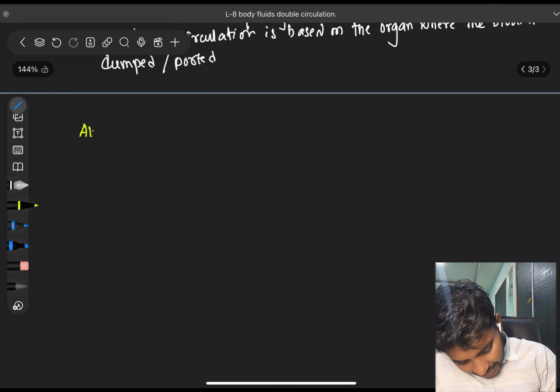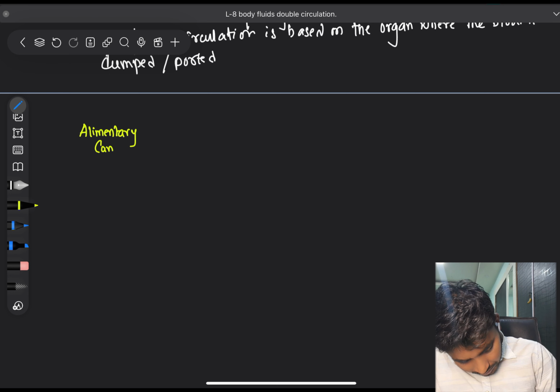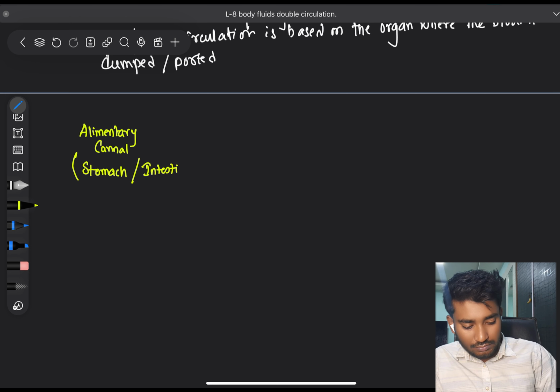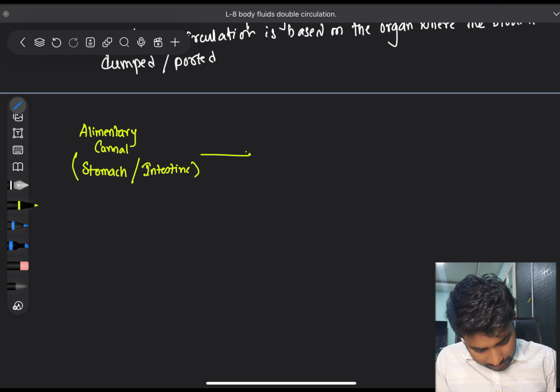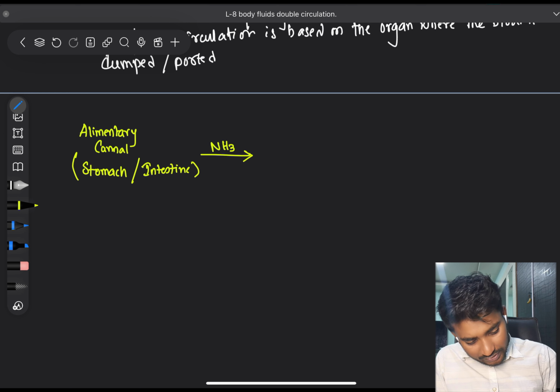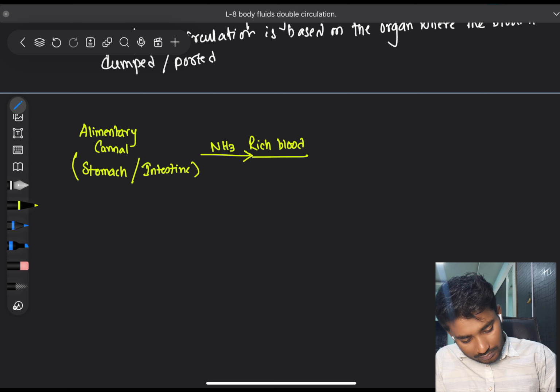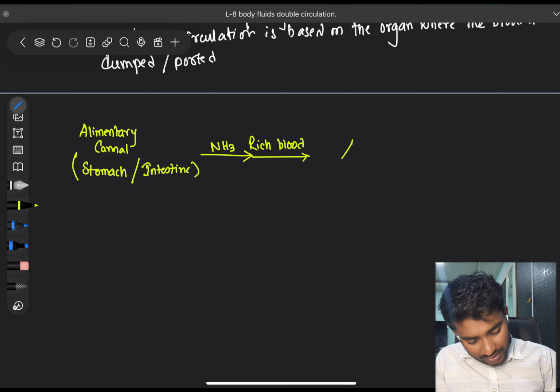Let it be the alimentary canal, called the stomach, intestine. Here the ammonia rich blood is there.